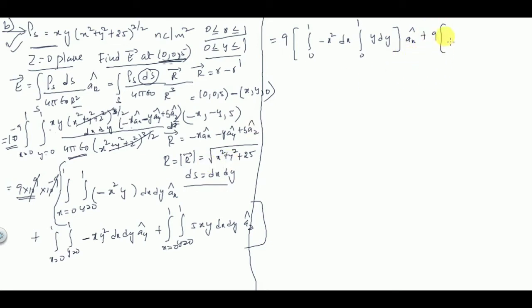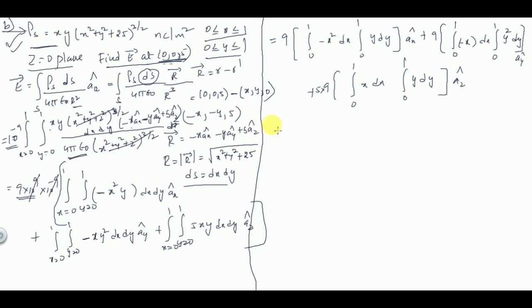So 9 into, see the second integral, integral 0 to 1 with respect to x I am writing first, so minus x dx, integral 0 to 1 y square dy into ay cap, plus 9 into, 5 is constant, you can write outside, 5 into 9, right? So for the third integral, integral 0 to 1 x dx, integral 0 to 1 y dy into az cap.